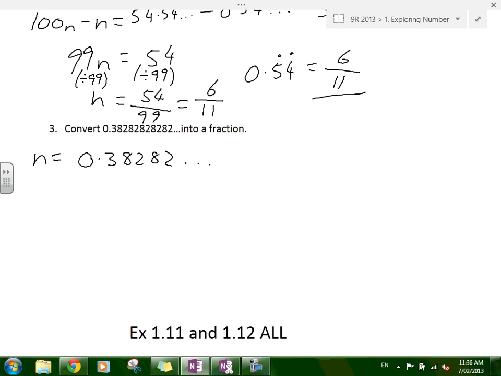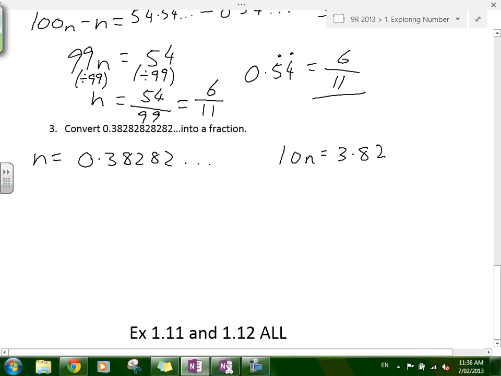And so you can actually experiment. What's 10n? Okay, 10n equals 3.8282. And if I put n next to it, 0.38282, dot, dot, dot. Does that match up? So it's not going to work. We'll just get another repeating decimal if we subtract it.